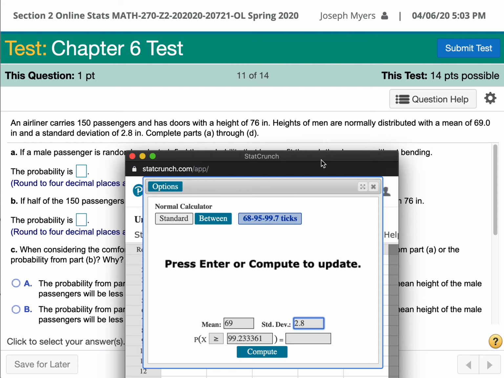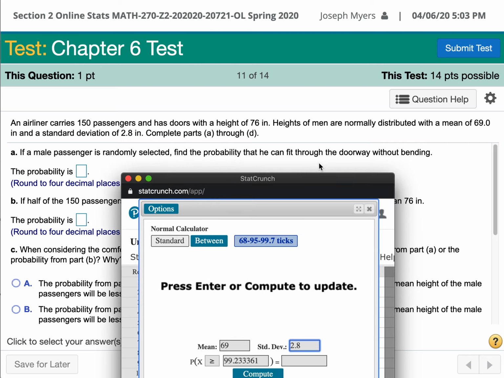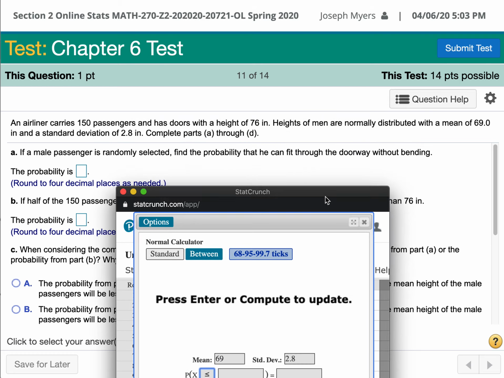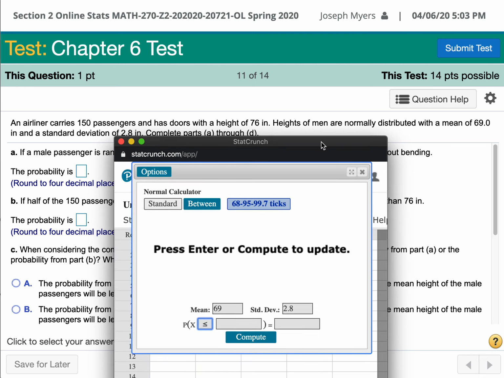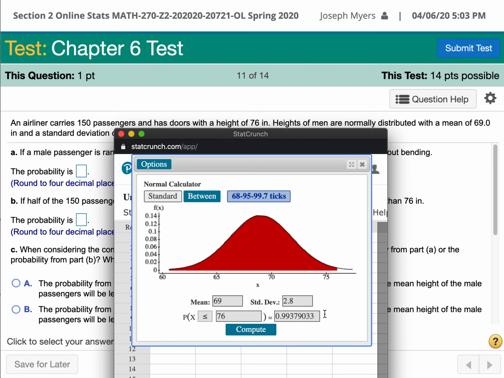We want to find the probability that a male passenger can fit through the doorway, so the probability that their height is less than the doorway. The doorway is 76 inches high. So we want to find the probability that a random man will be less than or equal to 76 inches high. Click compute, and the result we get is 0.8.